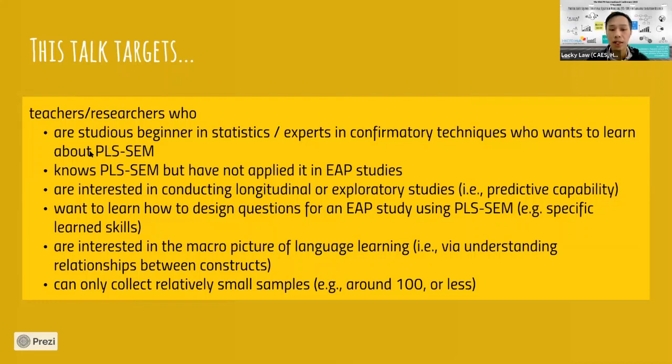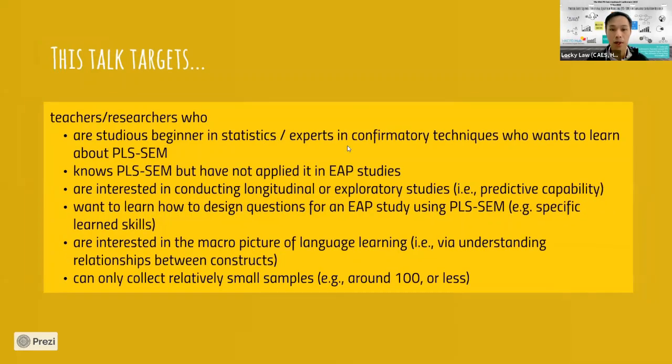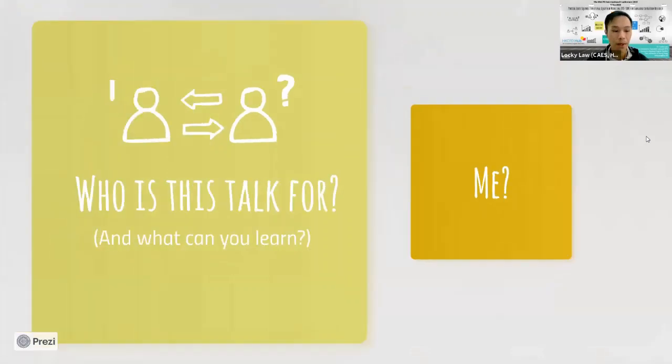Also, those who are interested in the macro picture of language learning, something related to Professor Cummings' keynote talk this morning, via the understanding of relationships between constructs and what's happening in the cognitive aspects, for example. Then also researchers who can only collect relatively small samples, let's say 100 or even less. Okay, so that's the first part.